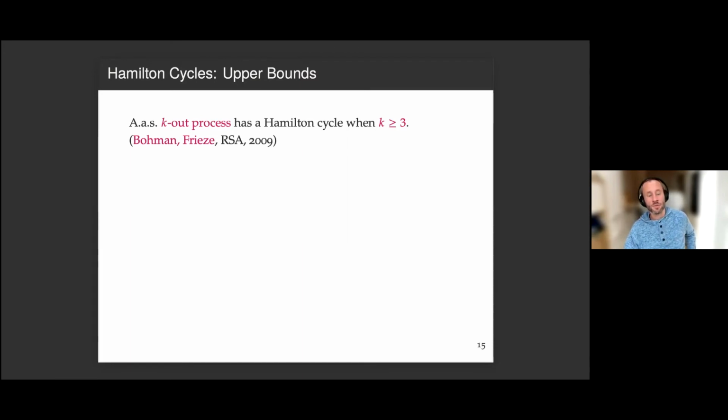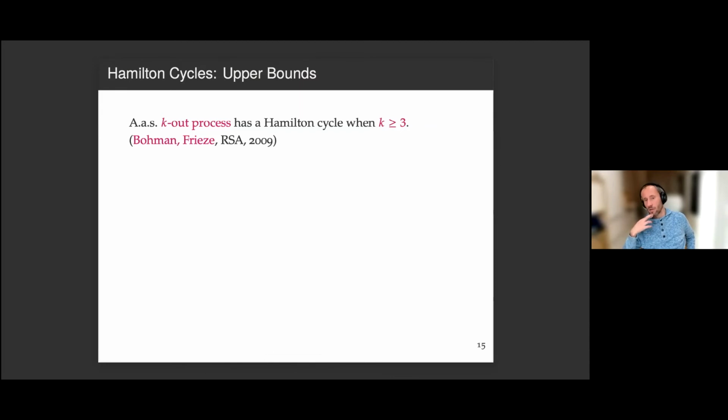Again, since we know we can couple a semi-random process with the k-out process, we can use the nice result of Alan Frieze again and Tom Bohman that says that the 3-out process is Hamiltonian. It's actually a long series of papers.